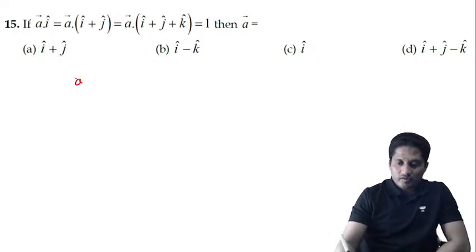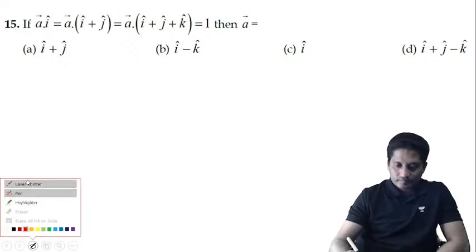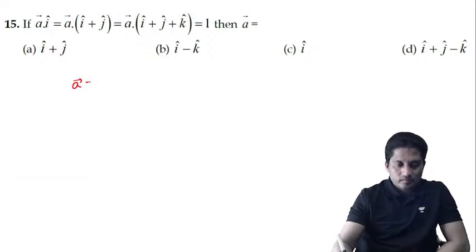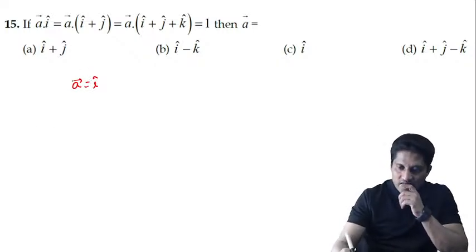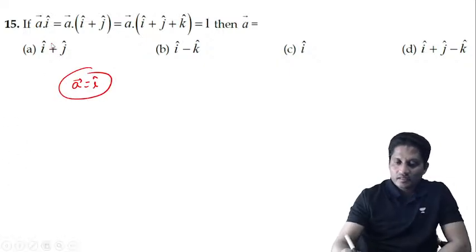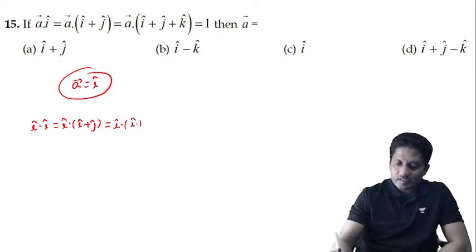I'm going to take A is equal to I. Let me check, if I take A equal to I, this is I dot I is equal to I dot with I plus j is equal to I dot with I plus j plus k is equal to 1. Answer should be equal to C only, no?